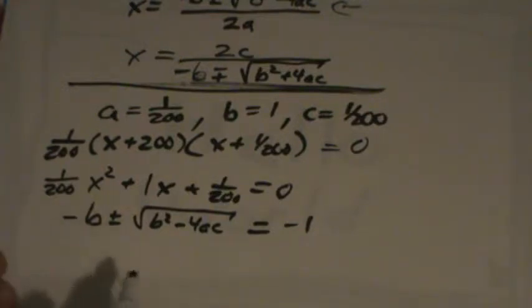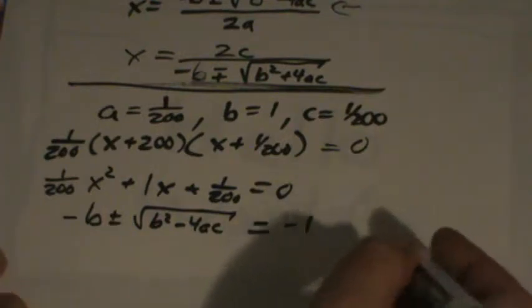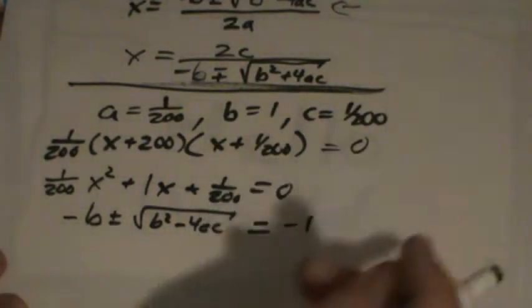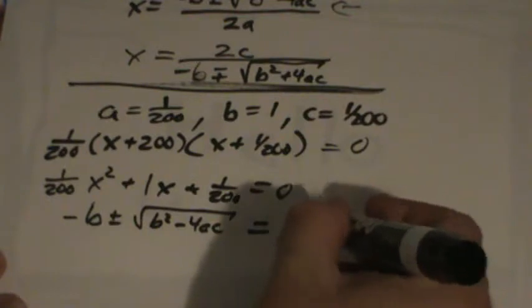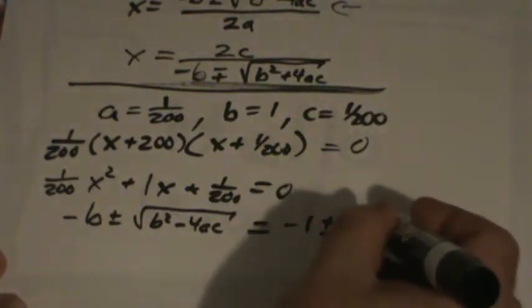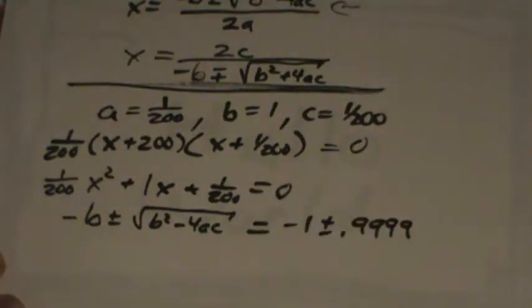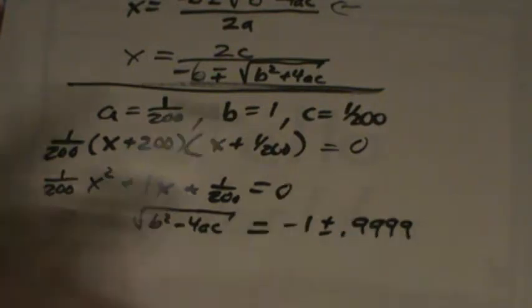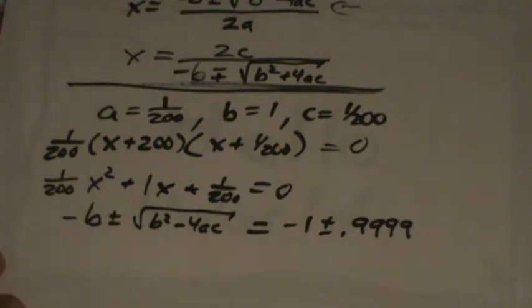When I take the square root, I end up with just a little bit below 1. I end up with 0.9999. It's just exactly the last space that little difference pops in. So that's how I'm able to pick it.